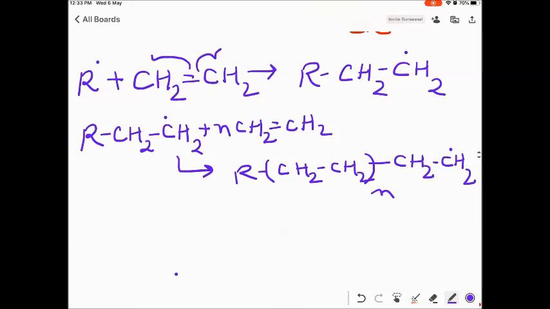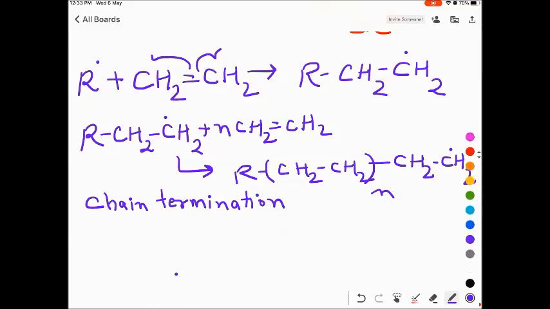In chain termination step, there are two methods in which chain can be terminated. Let us write those steps. The two free radical chains may combine with one another to form a still longer chain.